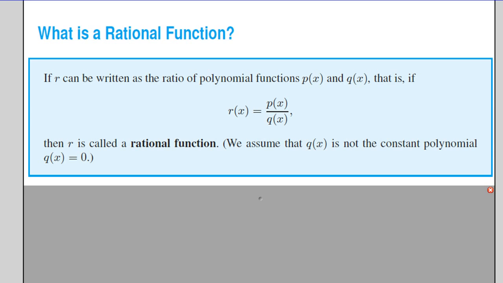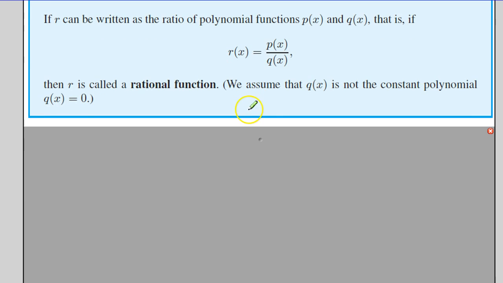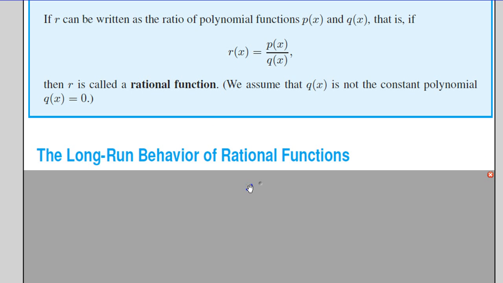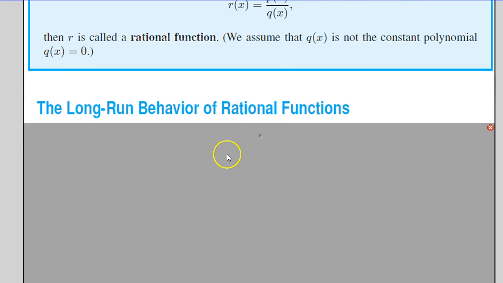Now, the numerator polynomial function can be a constant function. It can actually also be the zero function, but that would be a very trivial, simple case of a rational function. So in other words, every rational function is the ratio or quotient of dividing two polynomial functions, as long as the polynomial function in the denominator is not the zero function.